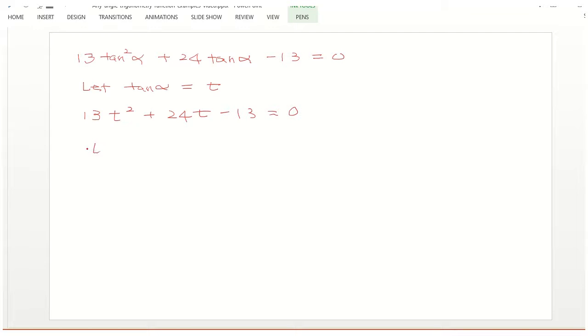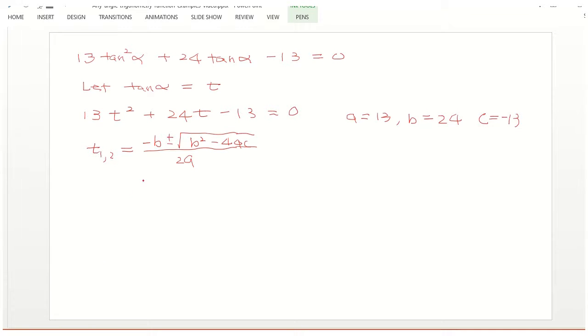So t1 and t2 equals negative b, plus or minus square root of b squared subtract 4ac, divided by 2a, in which a equals 13, b equals 24, c equals negative 13.